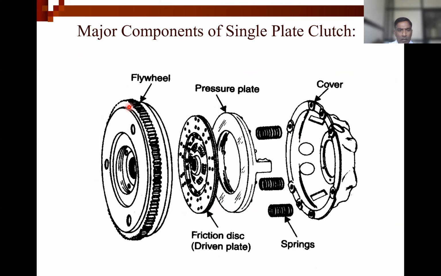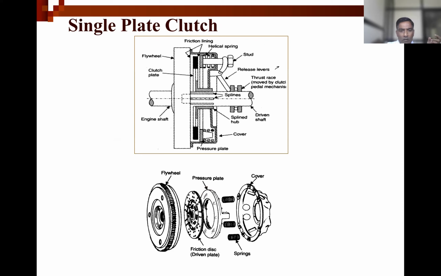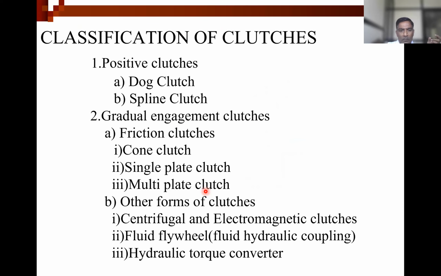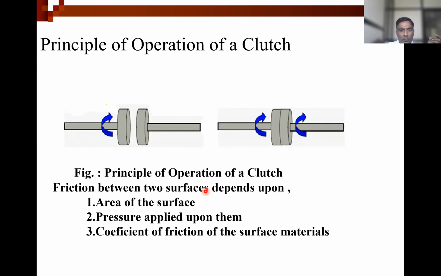So here, once again, you can see the flywheel. This one is the friction plate. Now, the ability of clutch assembly to transmit the torque depends upon number of elements. So three aspects are important.